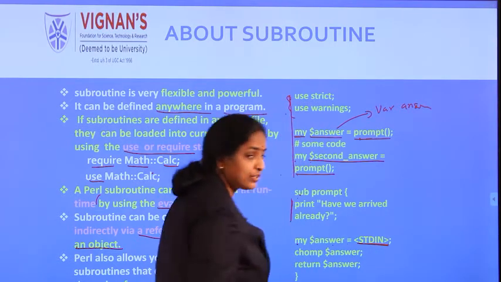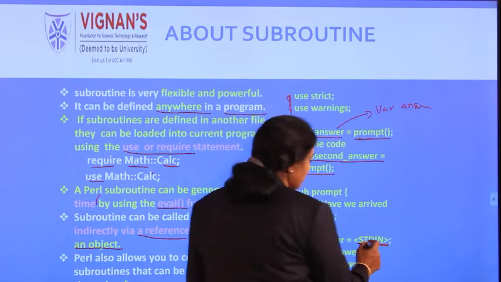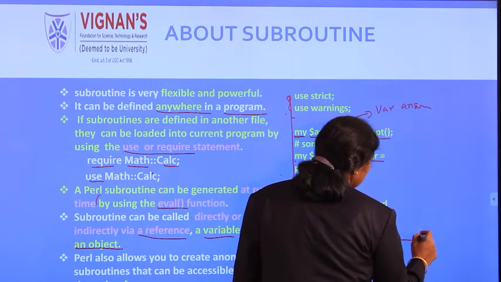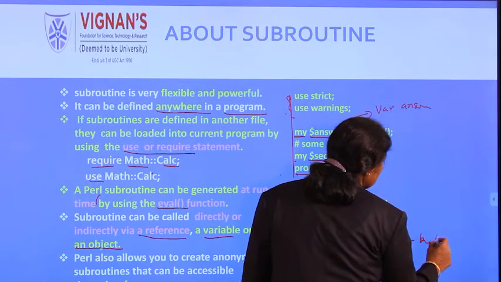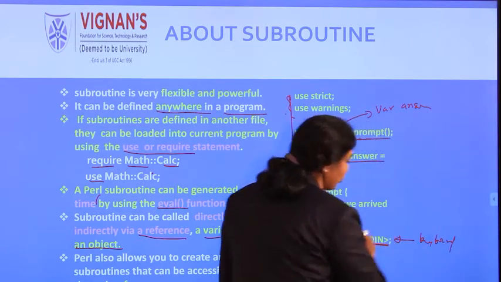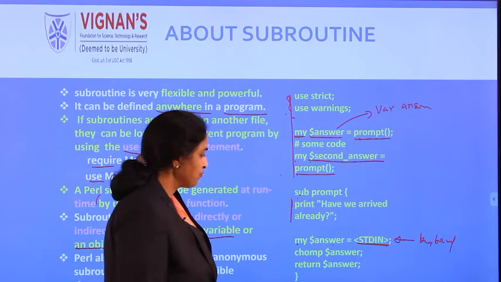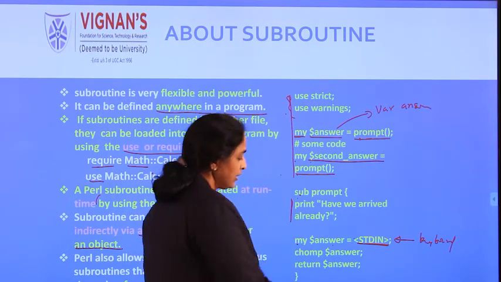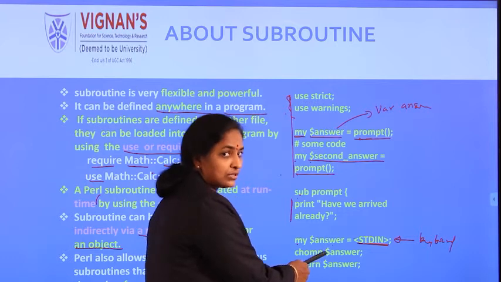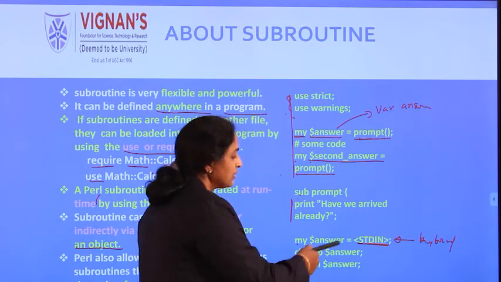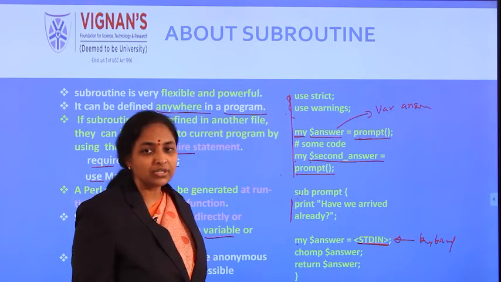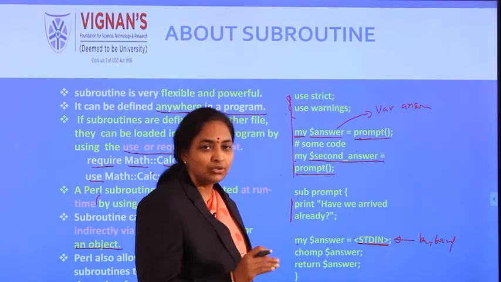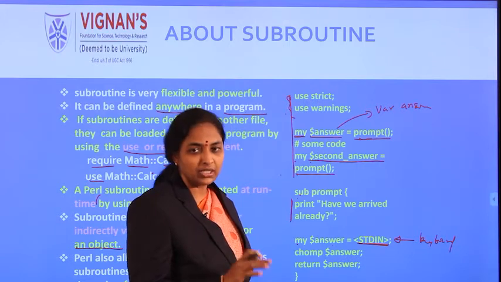This you are giving from the keyboard. STDIN is a directive useful to give the input in interactive mode from the keyboard. This chomp is nothing but it will take the input excluding the newline. Since here you are giving the data as a string data type, the end of the line will be known to the system with the help of the enter key.